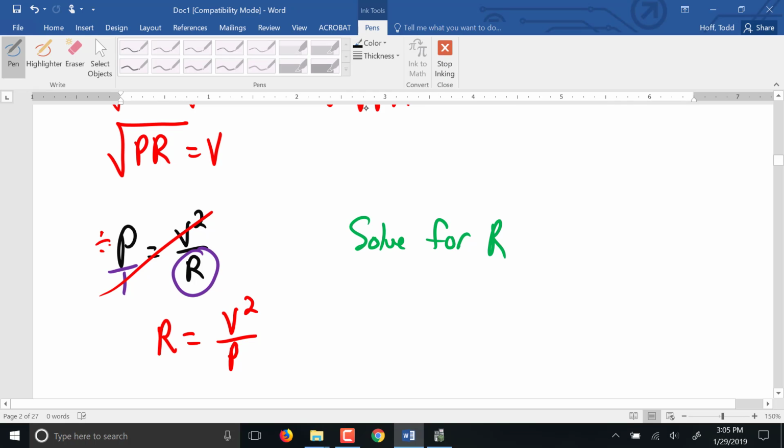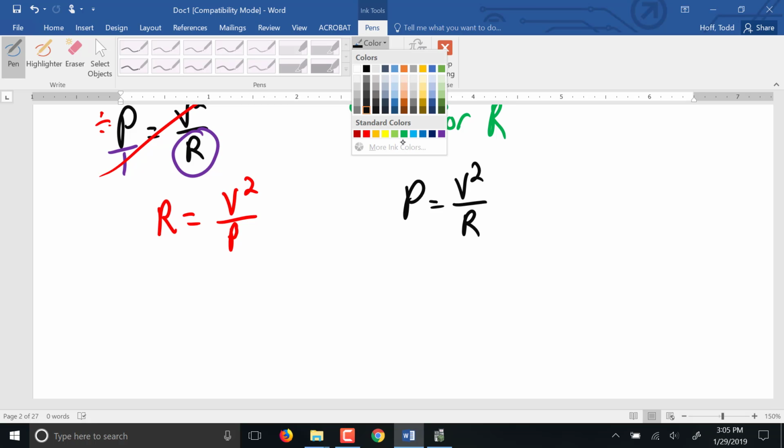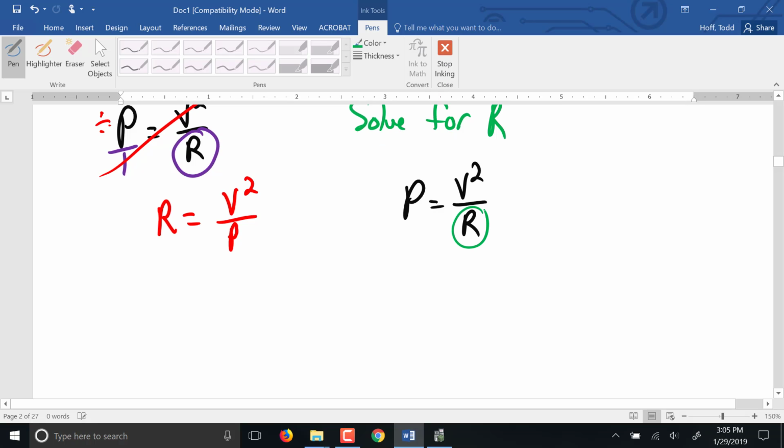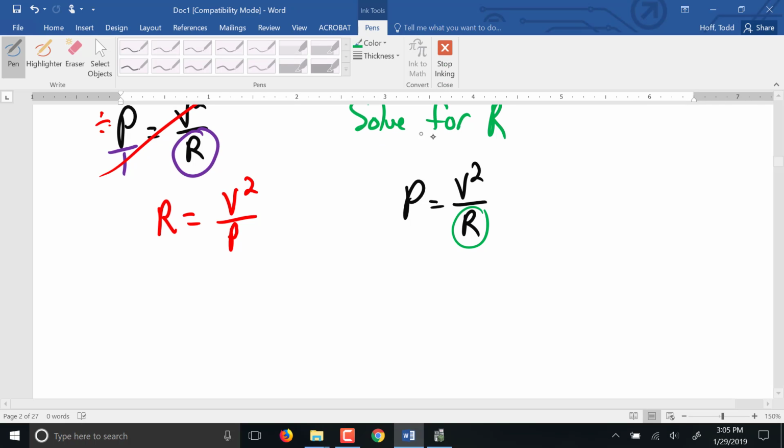Another way we could have handled it, if you don't like to do that proportion, is since what we're solving for is on the bottom of a fraction, we have to get it out of there. So you could have just multiplied by R. So R is gone. So over here we got P times R is PR equals V squared.